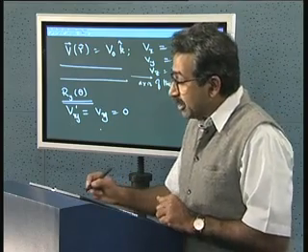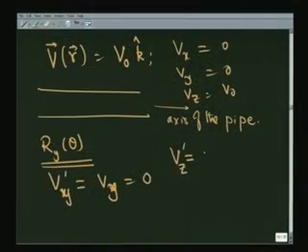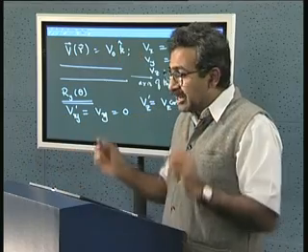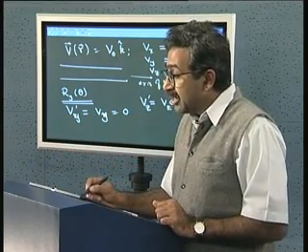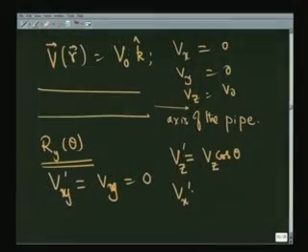Now let me write down the z component here. What is my Vz prime? My Vz prime will be simply given by Vz cos theta. Well, it is going to be plus Vy sin theta, but Vy is identically equal to 0. Therefore, I get Vz prime equal to Vz cos theta. On the other hand, my Vx prime will be simply given by Vz sin theta.